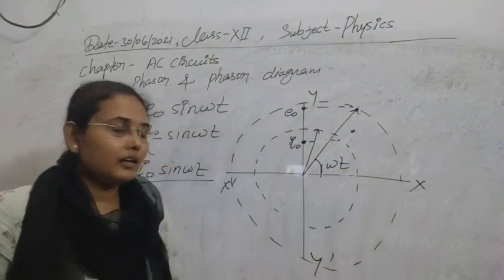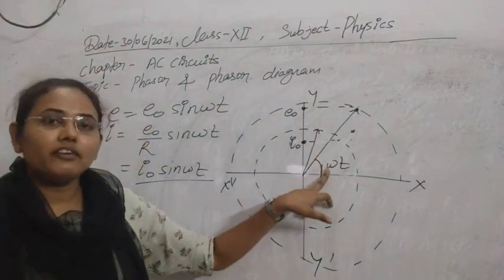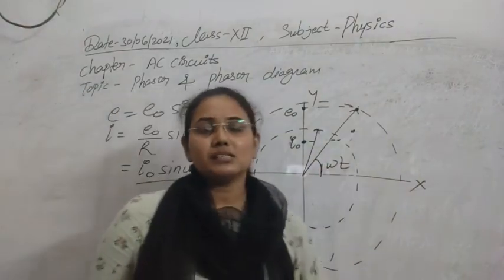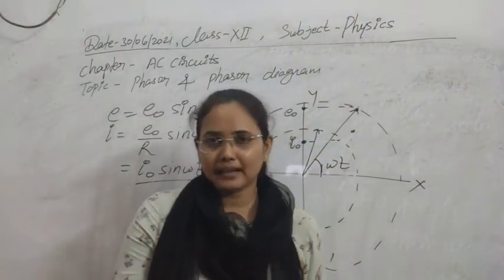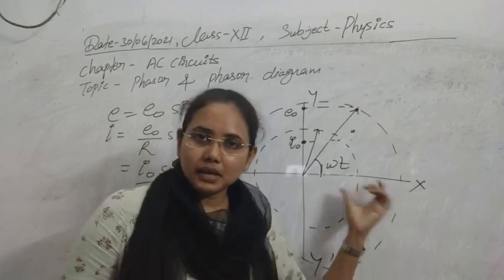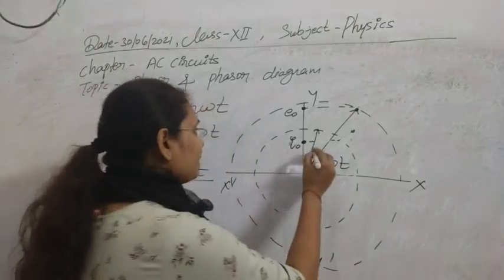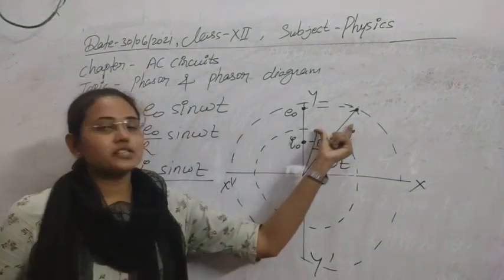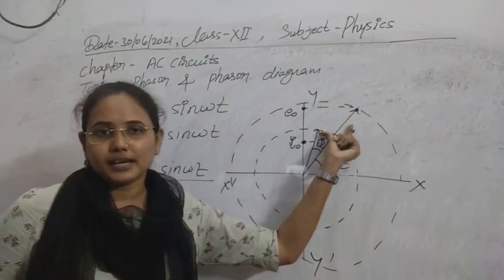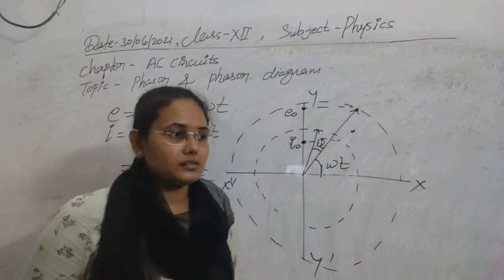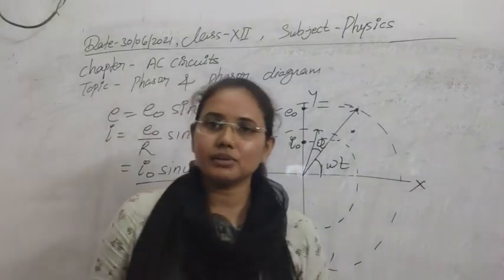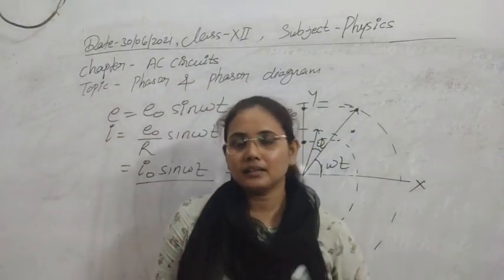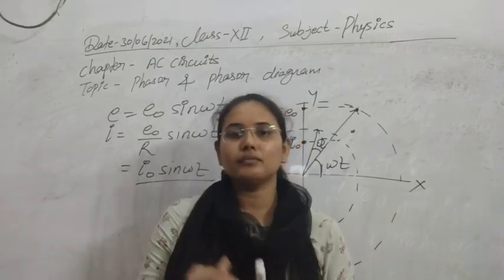This is omega t, and suppose current is not in phase with the alternating voltage, meaning it is either lagging or leading this alternating voltage, then we can represent it by some phi. So phi is the phase difference between these two quantities, voltage and current. Later for certain AC circuits we will see in which circuit the current leads, and in which circuit the voltage leads.